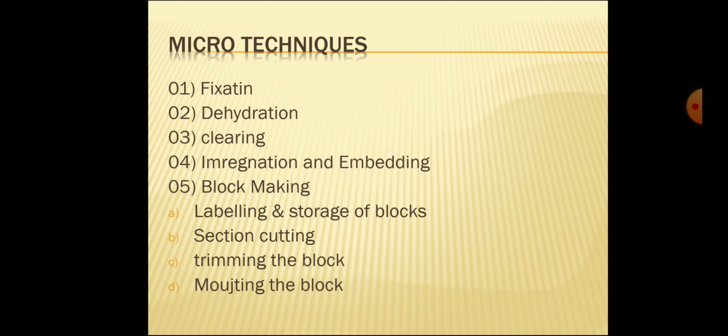After dehydration, the next step in microtechnique is clearing. This stage of tissue processing can be referred to as dealcoholization, that means removal of alcohol from the tissue blocks. To remove the alcohol from the tissue, most of the well-known agents have the property of making tissue transparent.